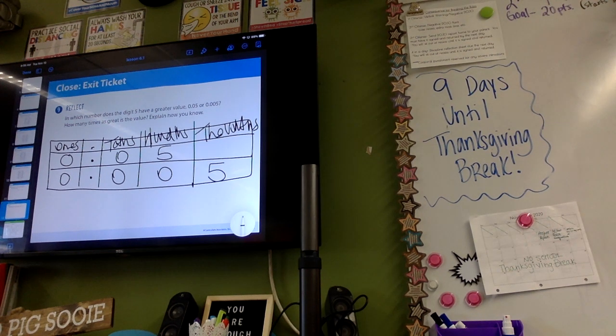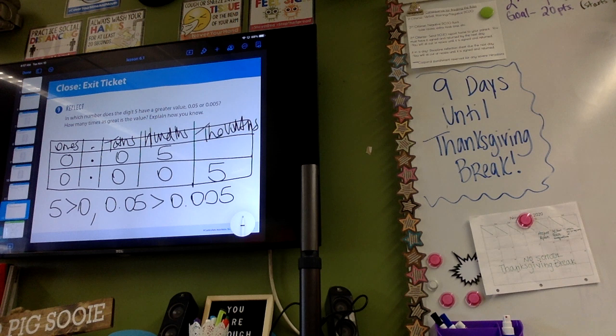Move over to my hundredths place. Can I compare those? Yes, I can. Which number's bigger? 5 is bigger. So 5 is greater than 0. So I know that 0.05 is greater than 0.005. So 5 hundredths is greater than 5 thousandths.